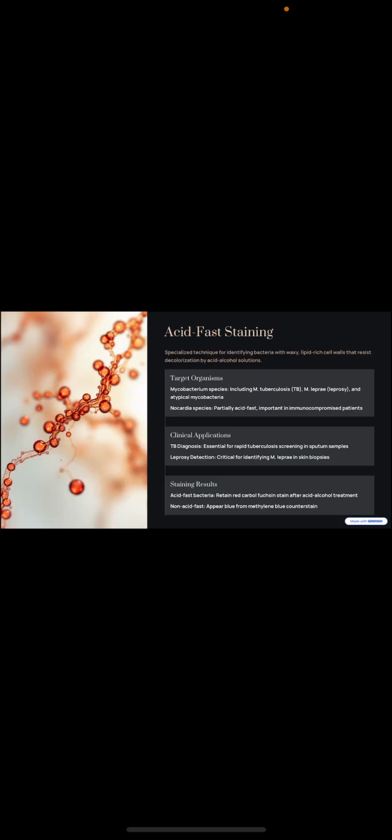Moving on to the next slide, acid fast staining. What is acid fast staining? It is a specialized technique for identifying bacteria with a waxy, lipid-rich cell wall that resists decolorization by acid alcohol solution.